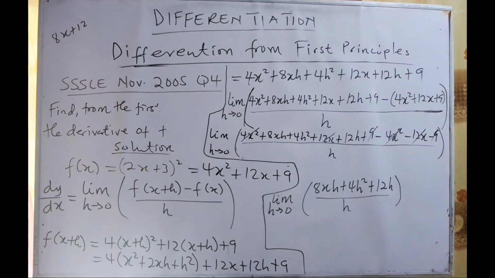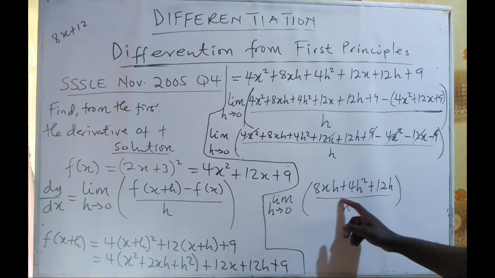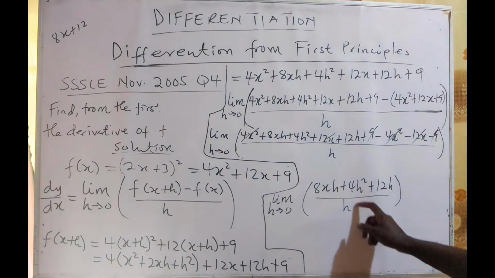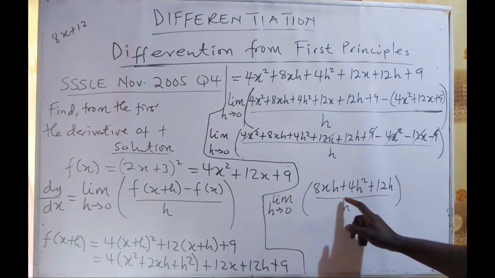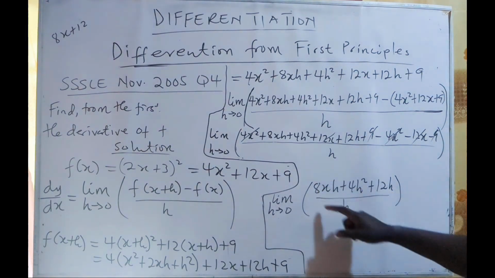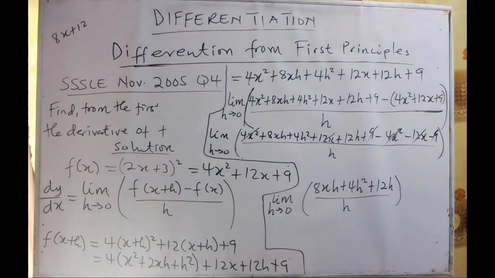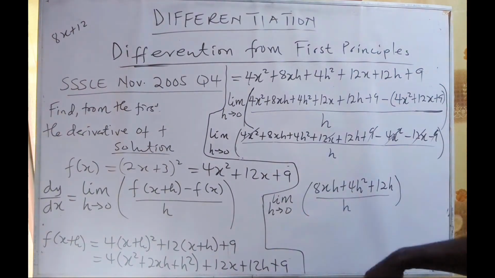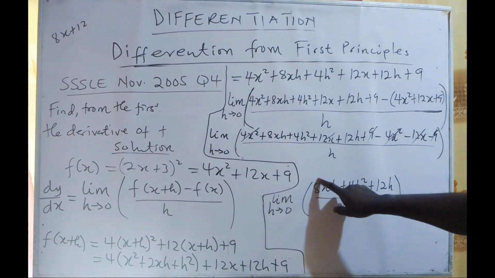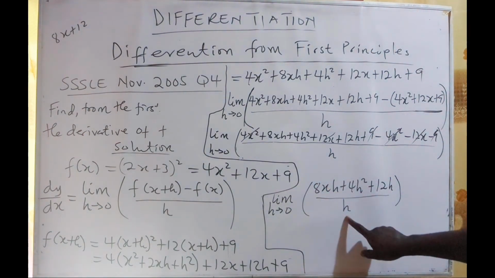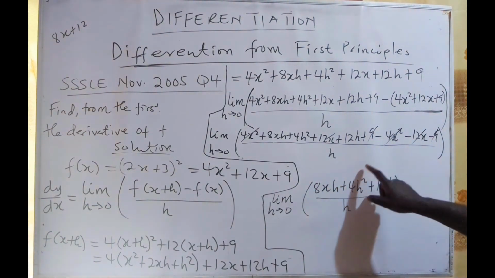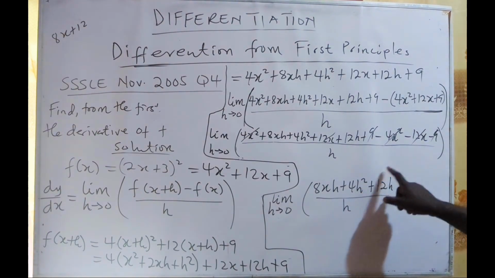All right, but here as h is approaching 0, don't quickly put the h here. If you do that, the denominator will be 0 and it will make the whole function here to be undefined. Okay, so what you have to do here, it means that 8sh is over h, 4h squared is also over h, and then 12h is also over h.